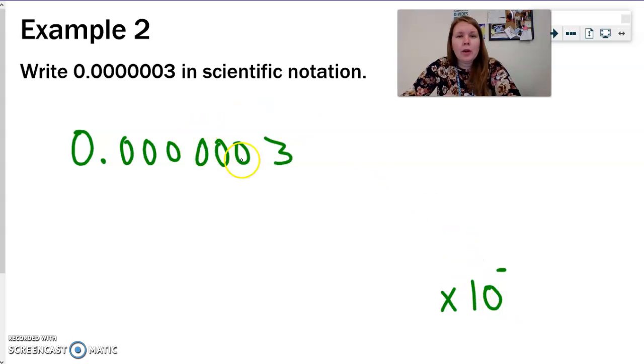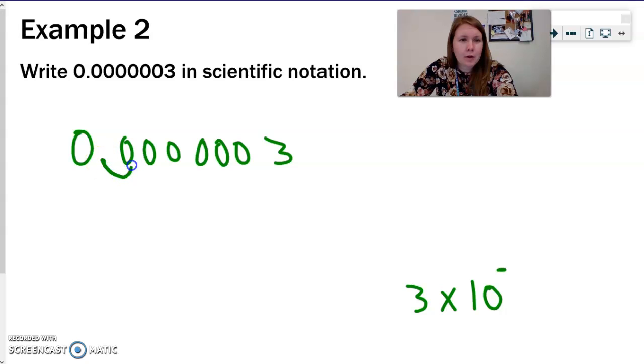From there, what I really want to do is I want to probably get this to be a 3, because I could put the decimal right here and have 0.3, but that's not in between 1 and 10. So my main number here would be 3. Now we just need to know how many spaces I'd have to move this decimal to get it back to being just a number of 3.